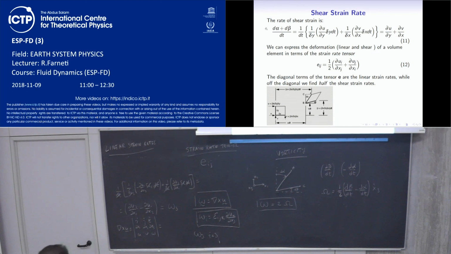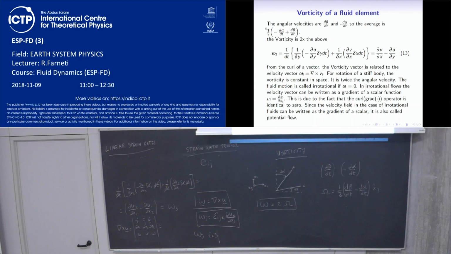The diagonal are the linear strain rates, and the off diagonal are half of the shear strain. Okay, so just 3 things: linear strain rates, shear strain rates, and vorticity, which is provided by the shear strain rates. Okay.